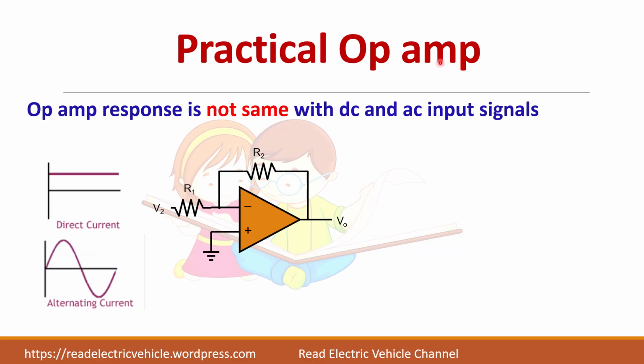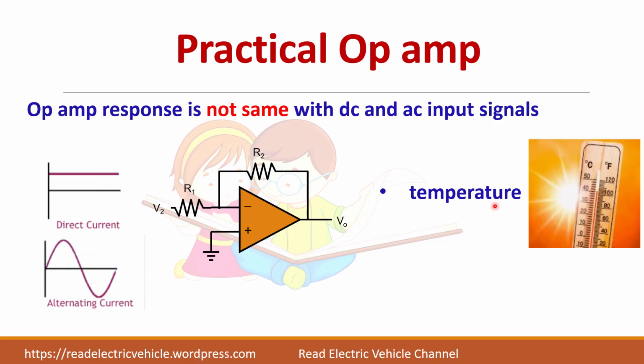In case of a practical op-amp, the response is not the same with both the DC and AC signal because of two reasons. One is the temperature, the other one is the frequency. In case of a DC signal, there is no frequency, frequency is 0, so the op-amp response is different.